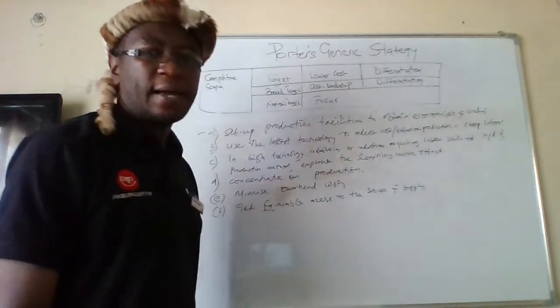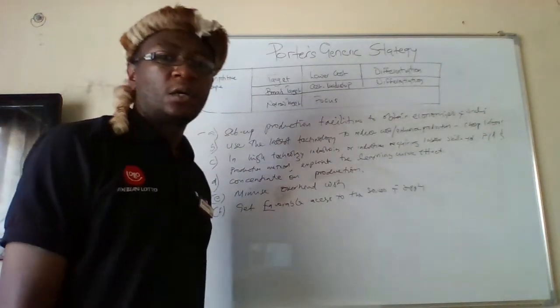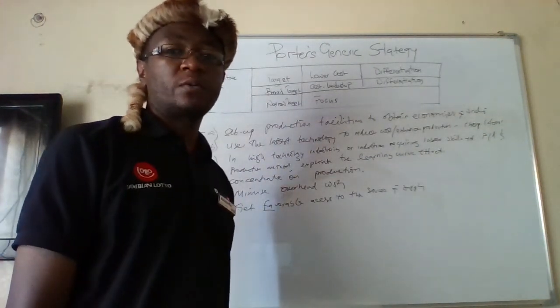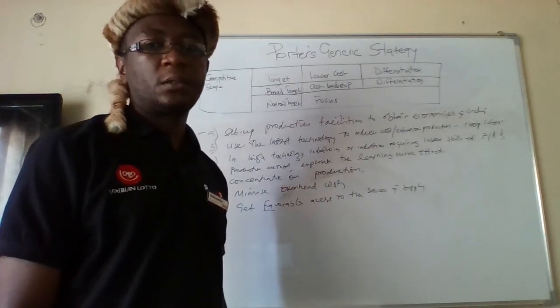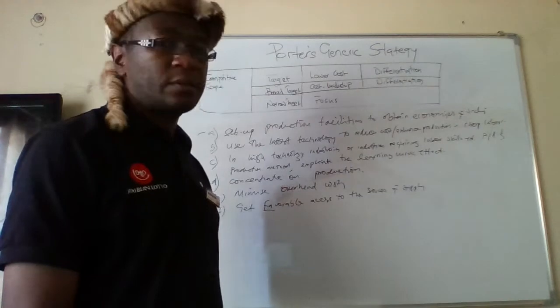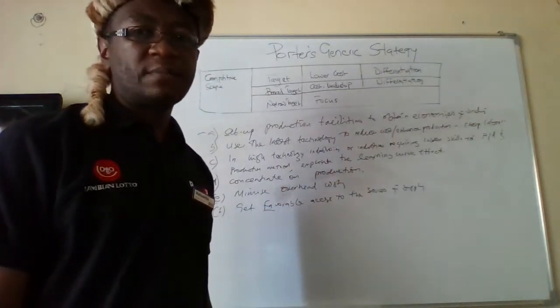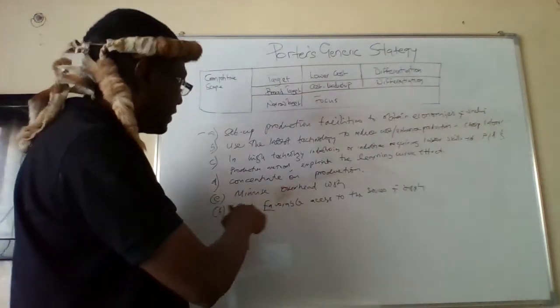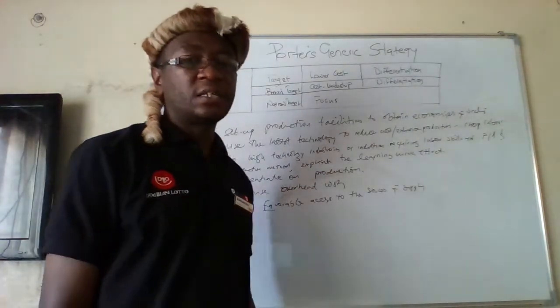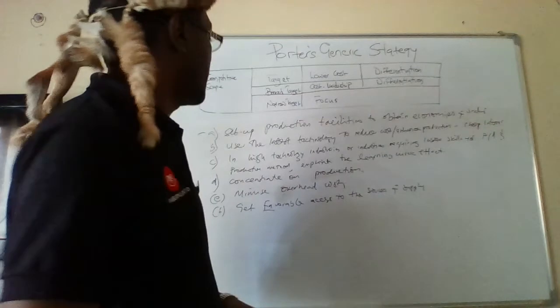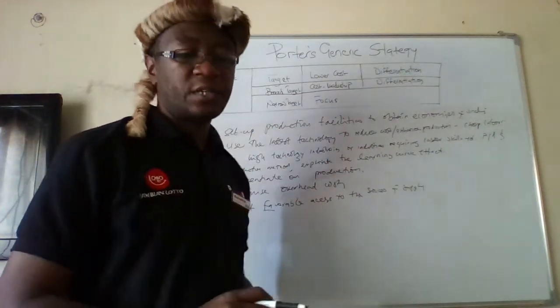If you are a buyer working for a retail company, you need negotiation skills with the supplier. Maybe you buy in bulk and ask for a discount, so the supplier can give you items at a lower cost. So getting favorable access to the sources of supply is how you can achieve cost leadership. Now let's talk about differentiation.